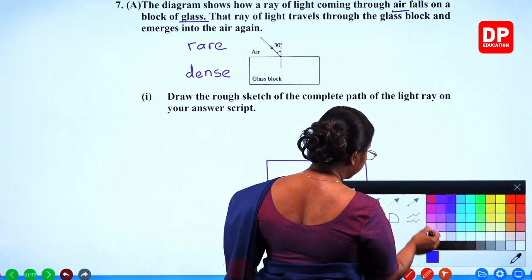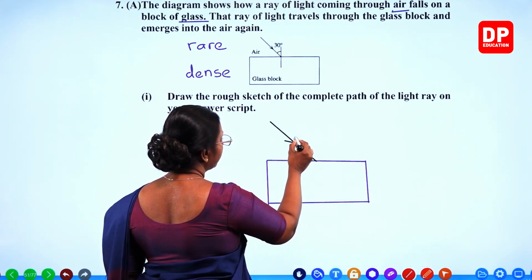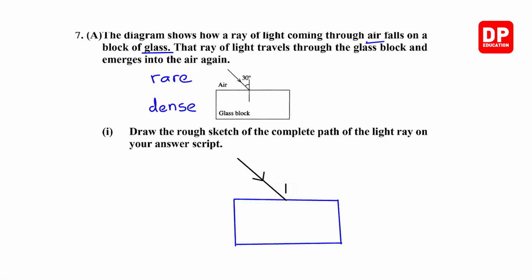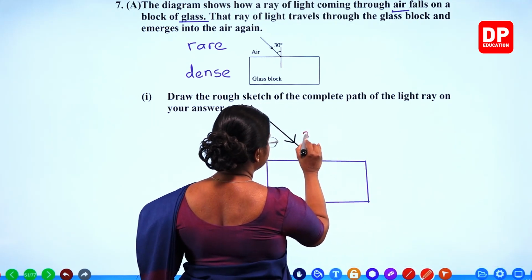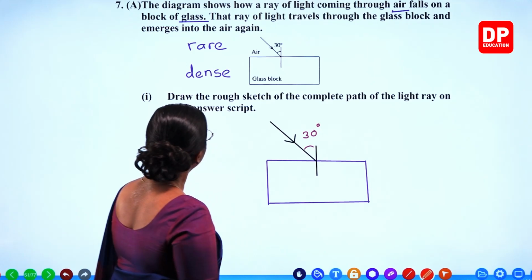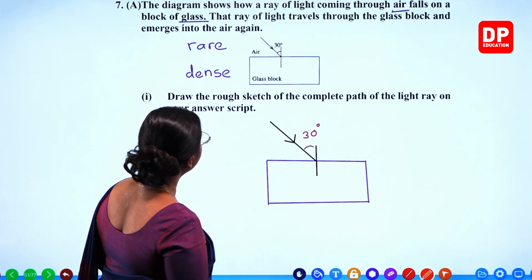Then if we draw the light ray, here this is the light ray, they have already shown to us. This is the normal and the angle is marked as 30 degrees. So draw the rough sketch of the complete path of the light ray on your answer script.